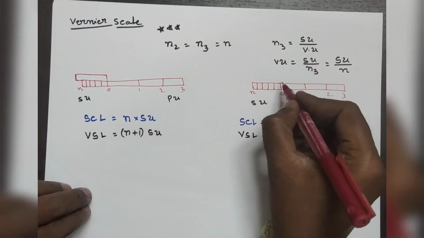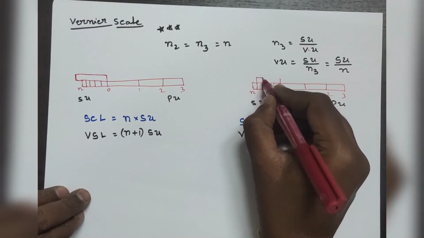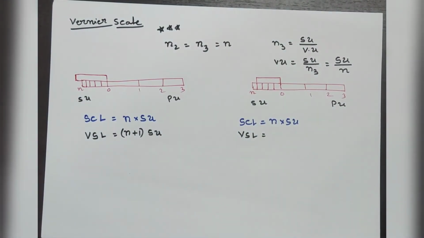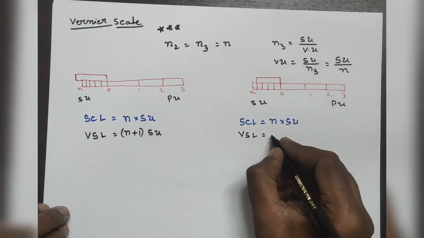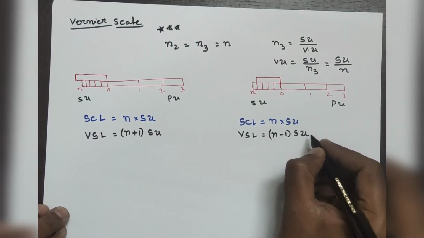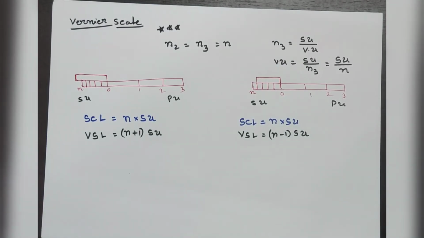In another case, we are going to consider n minus 1. So here vernier scale length in the second case is n minus 1 times the secondary unit. Now what are we going to do? This vernier scale, how many divisions do we have to make, whether it is first case or second case? In both the cases, we have to divide the vernier scale.